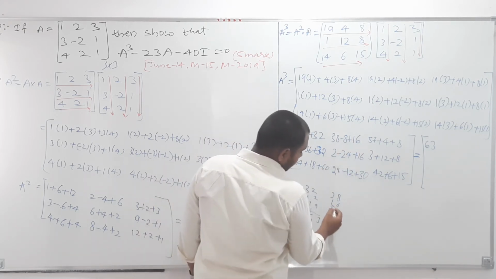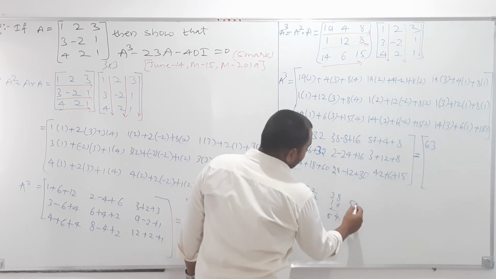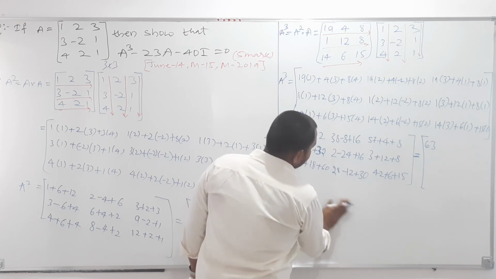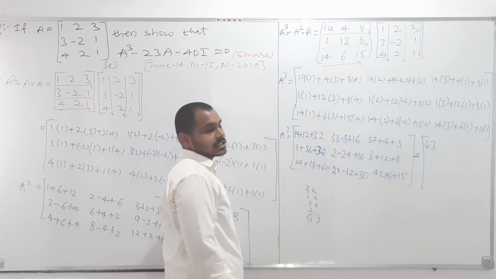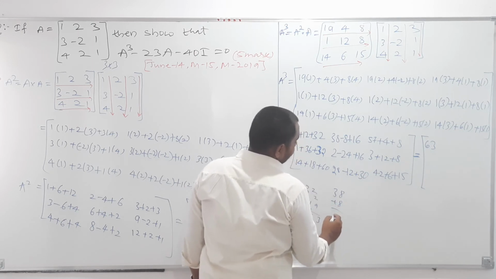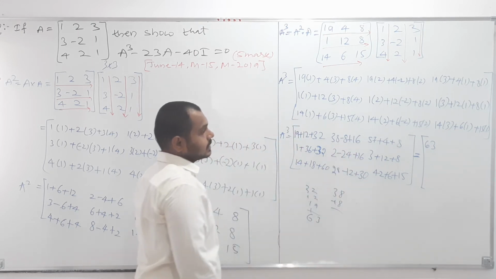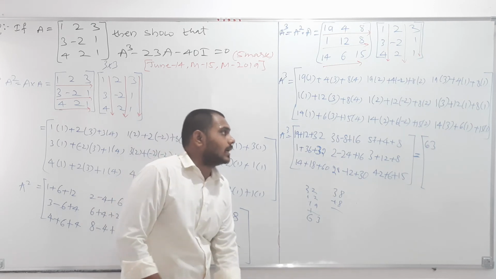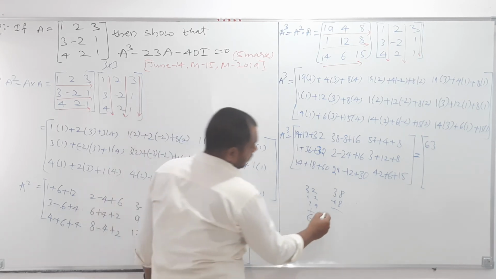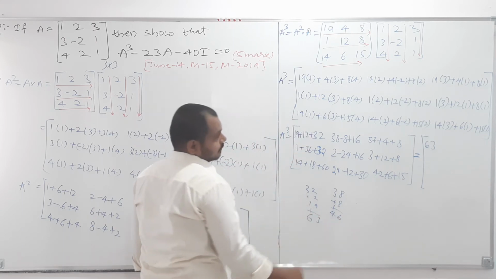I'm adding, here it is, and next 54, or else 38 plus 16 minus 18 is 8. So 38 plus 8, that is 46.